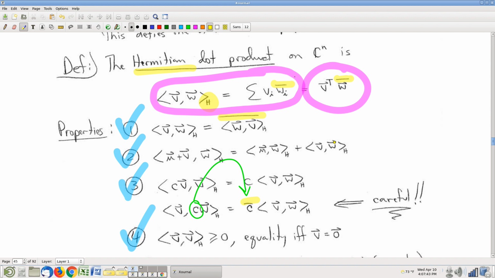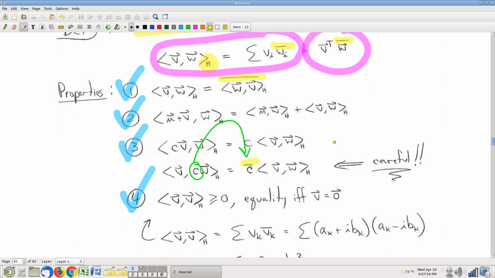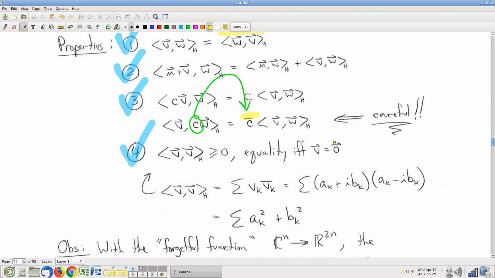Now, where did that come from? Strategically, this conjugation on the right came from the fact that we conjugated the vector on the right. And why did we conjugate the vector on the right? You could argue that it is the act of conjugating the vector on the right that makes this turn into a positive number, and therefore only 0 when the coordinates are 0.